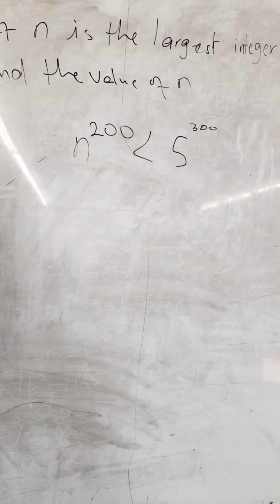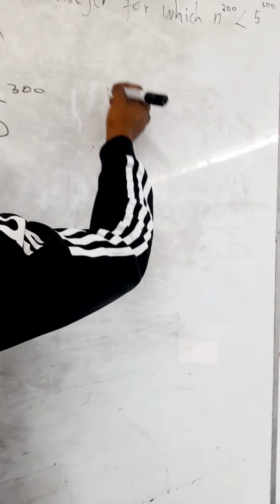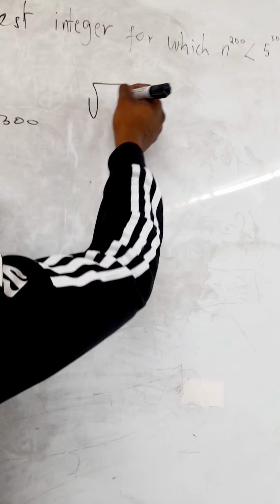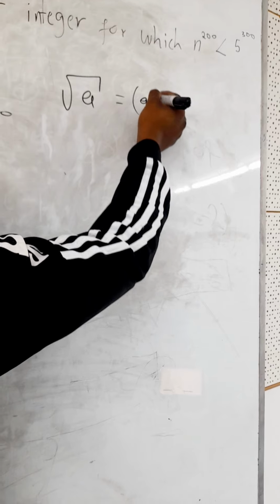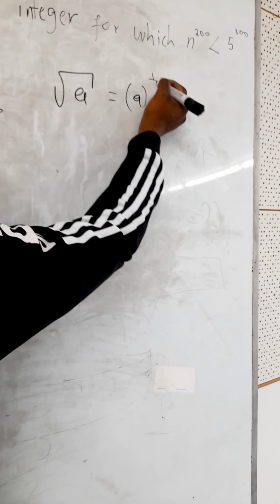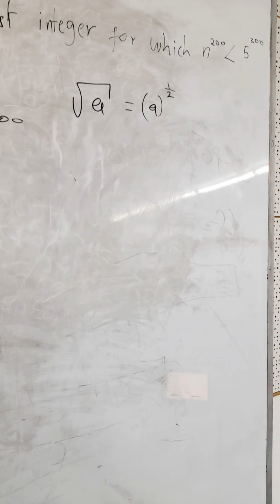Let's remember that if we have the square root of a, we can also write it in exponential form. Correct?